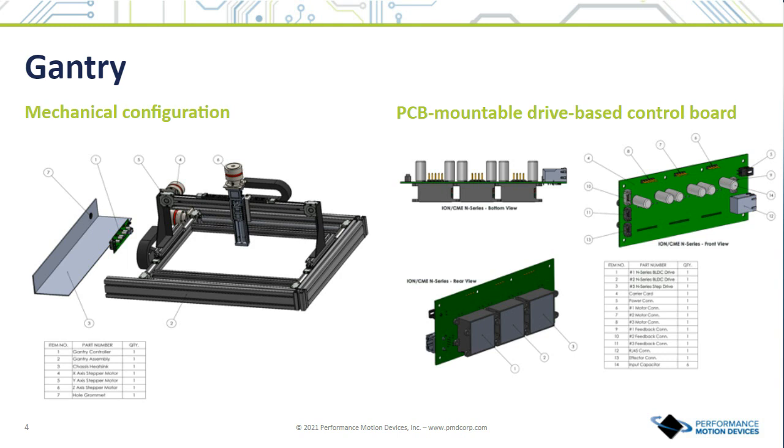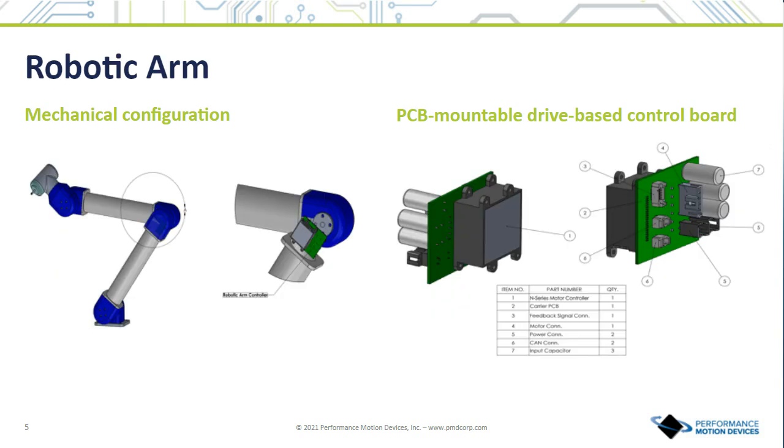So you could do a centralized architecture, or you could do a hierarchical one. And the last application I want to show is a surgical robot, a robotic arm application, where it's a distributed network architecture, where you have the intelligent drive right at the axes, and each axis could have different motor types.